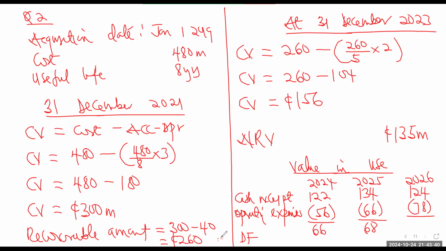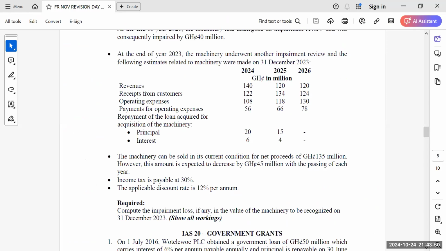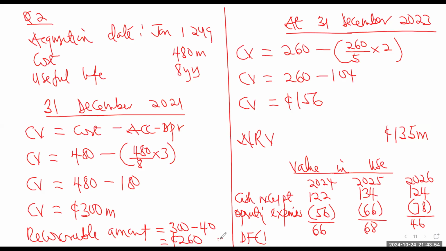This will be discounted at the discount factor given to you, that is 12%. So let's find the discount factor one by one now. The first year, 1 over 1.12. What are we having? 0.893. The second year will give us what?